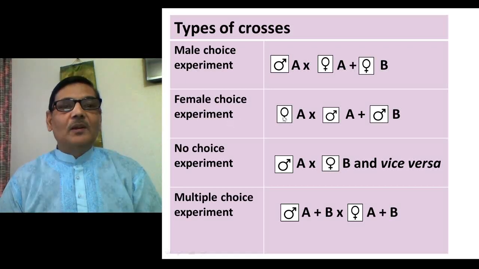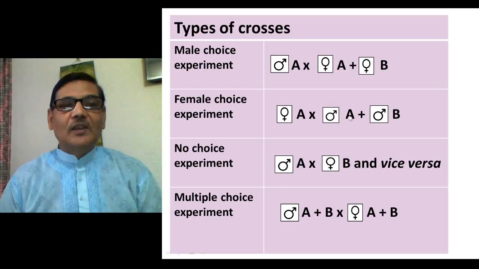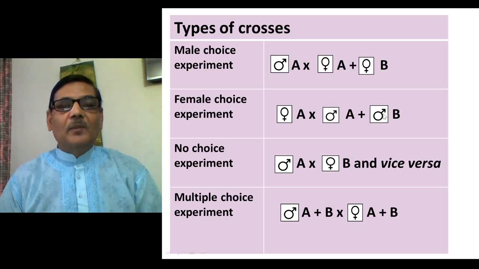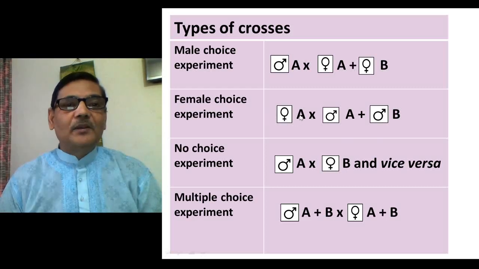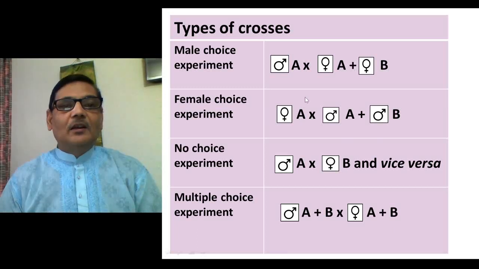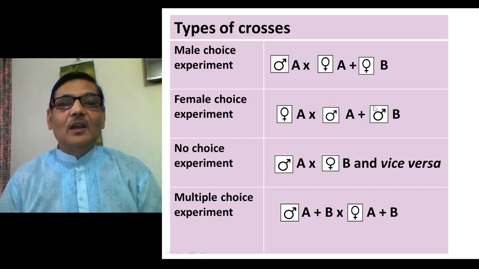So here the female of species A will be crossed with male of species A plus male of species B. Means in a mating chamber you can have this setup. Suppose you have females of Drosophila bipectinata, and then you have also female of, male of Drosophila bipectinata and male of Drosophila malerkotliana.